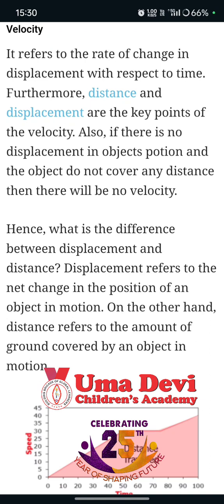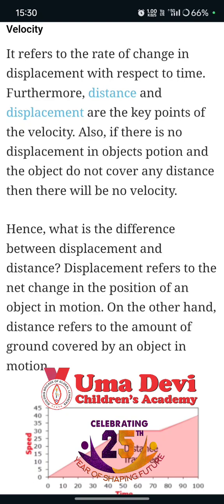Rate of change of displacement with time is known as velocity. And what was the speed? Rate of change of position with respect to time is known as speed, or we can say the distance traveled by an object in a given time is known as its speed.